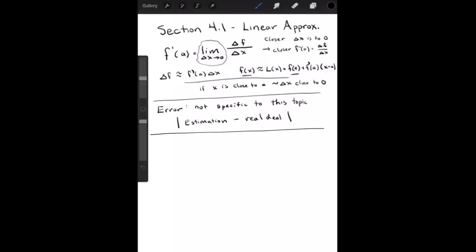But let's get doing some practice problems. So our first practice problem, we're going to estimate delta f for a particular function, which is the natural log of 2x squared plus 3x minus 1, at a equals 2 and delta x equals 0.15.